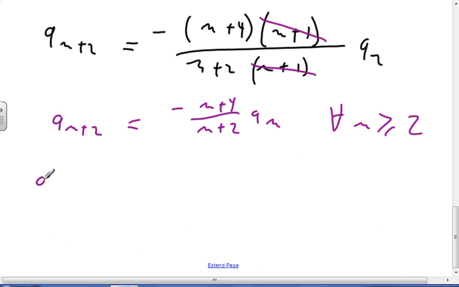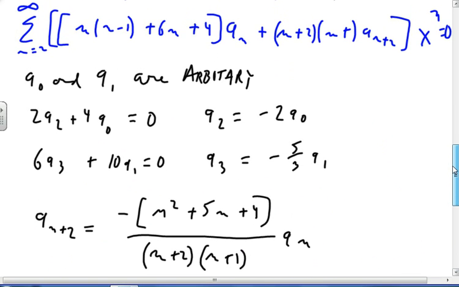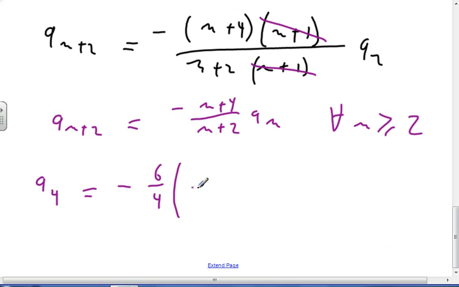Okay, so now I got to try to find a4. So a4, n is 2, so I'm going to have minus 6 over 4 times a2, minus 2a0. Okay, half, so that'd be 3a0.